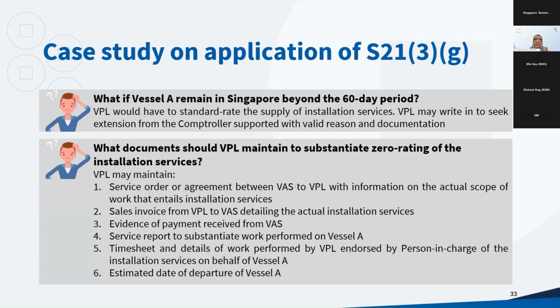It would be documents issued or maintained in the course of your normal business, things like the agreement between the local company and the overseas company, to prove who you contract with, your sales invoice for the nature of the services performed, evidence of payment, service report to prove that the work is done on board vessel A, endorsed timesheets to prove the actual work done, and most importantly, vessel A's departure date lah, to prove that the goods are exported and within the 60-day period.